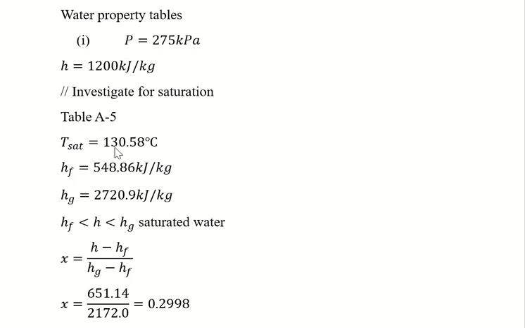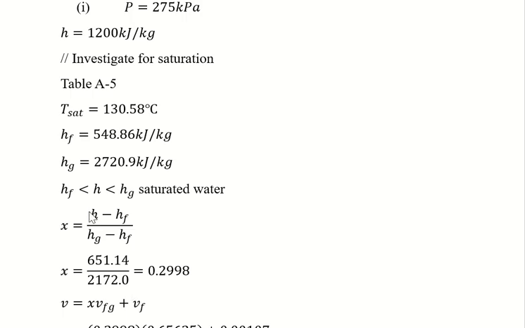So our temperature is this, and for the quality, we subtract this value from this value, and this one here you will always get from the tables. You could do the subtraction yourself, but it's always given in the table as h_fg.